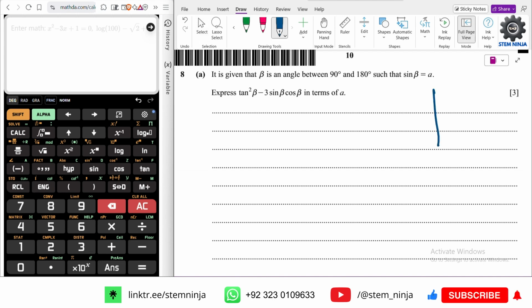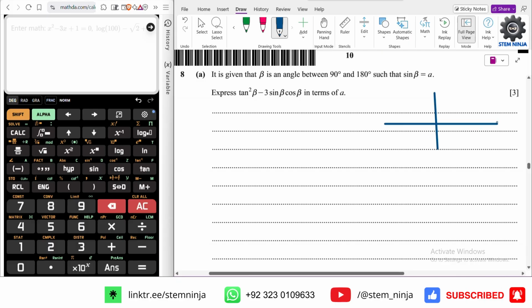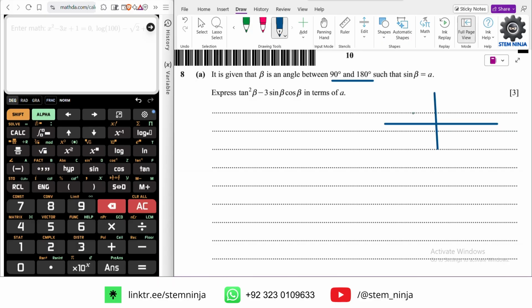Okay, so we know the ASTC rule, or the CAST rule, over here. So if beta is an angle between 90 and 180 degrees, you have beta over here, in the second quadrant.